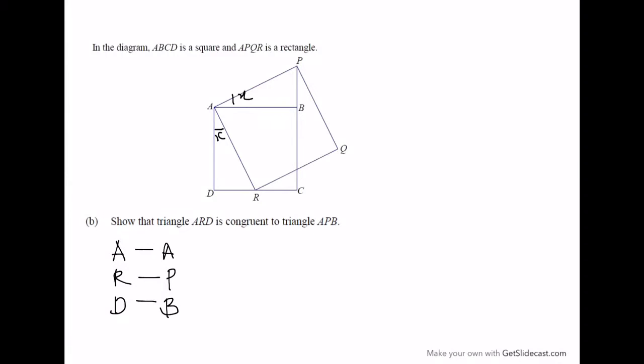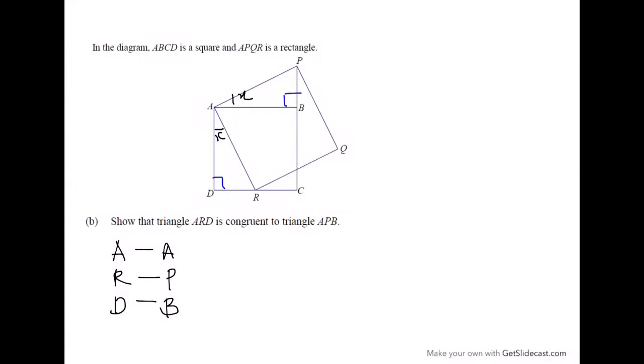So let's take a look at the different values, angles or lengths that we have now. Just now we established that ABCD is a square, so we will have right-angled triangles. So angle ADR is actually 90 degrees, which matches angle ABP, also 90 degrees.